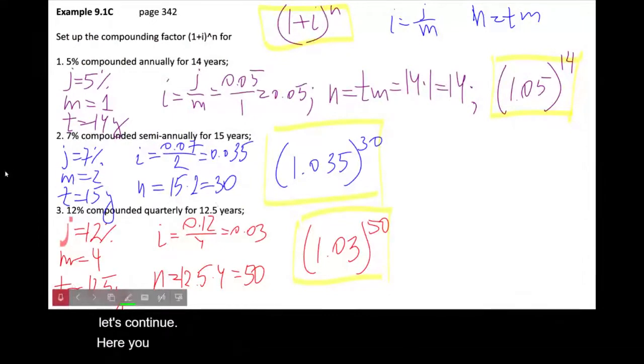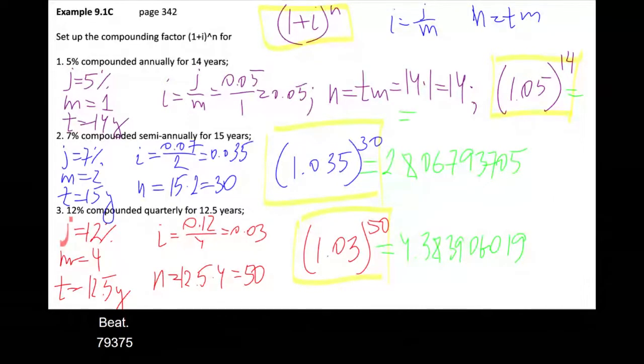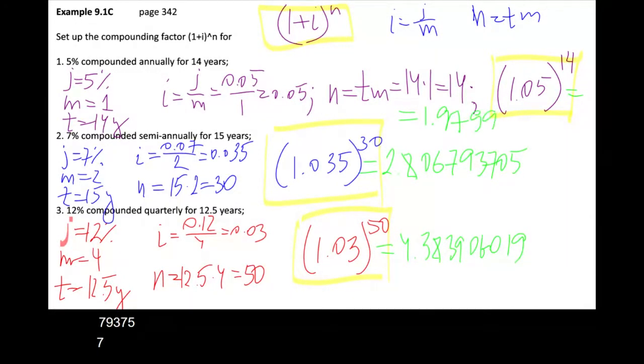Here you have more to do. Here are the results: 806, 79375, 197993159.